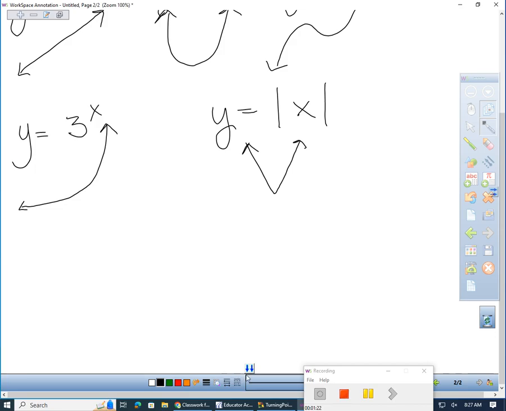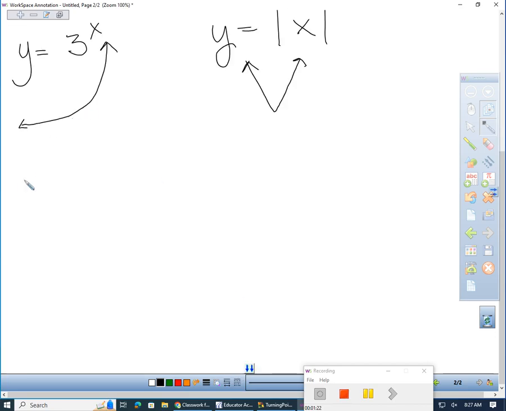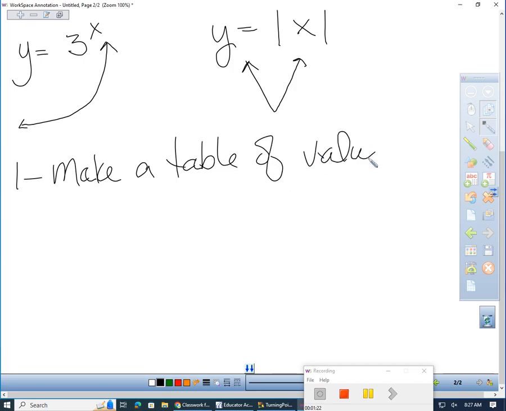So here's the deal for today. 1. Make a table of values using -2, -1, 0, 1, and 2.